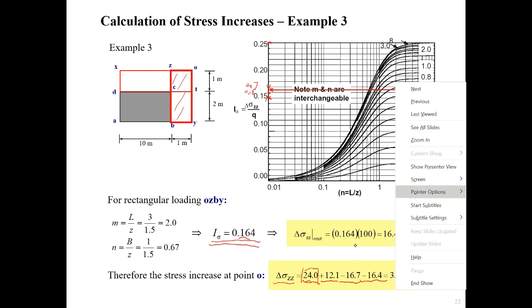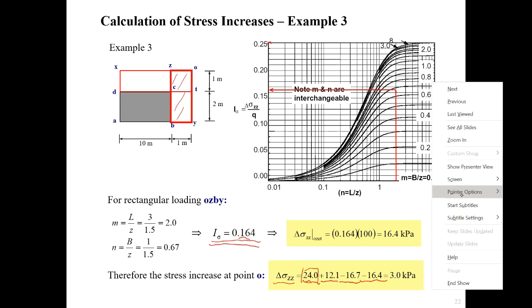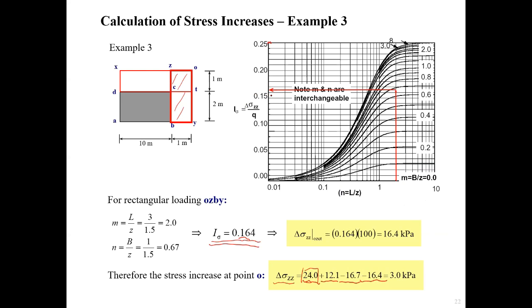Do you just look at the graph? Yeah, you just look at the graph. So here this is 0.15, this is 0.16, and this is 0.17. Obviously this red arrow is roughly in the middle. That's why I get 0.164.